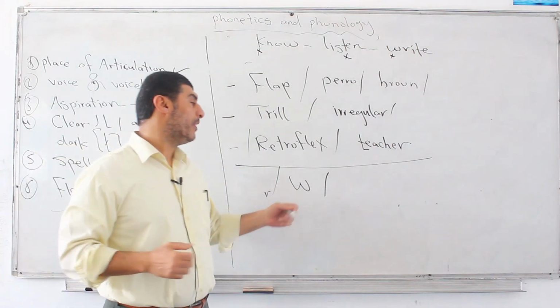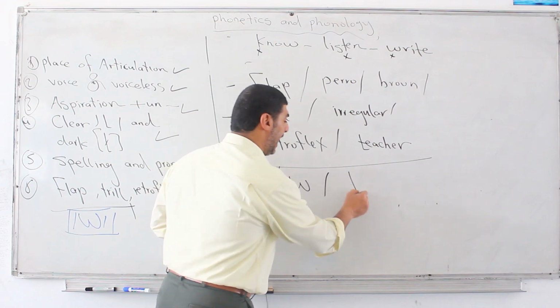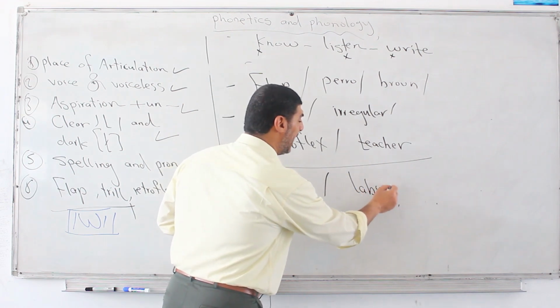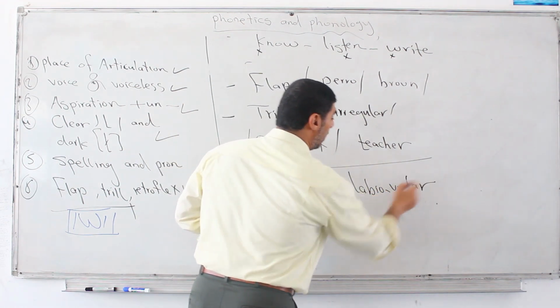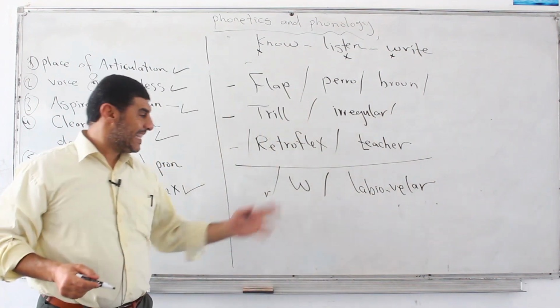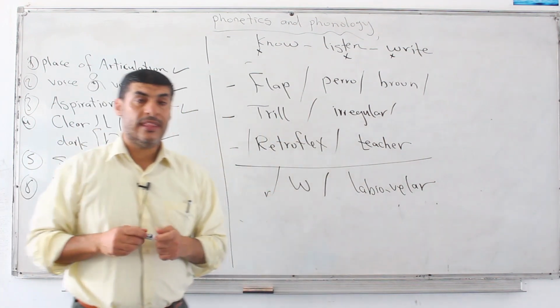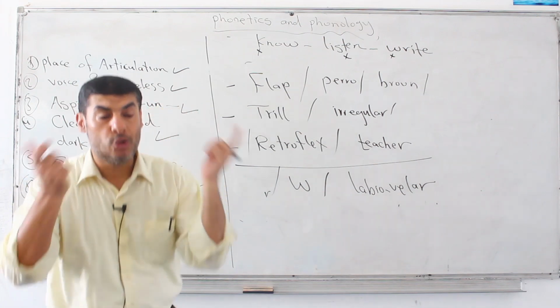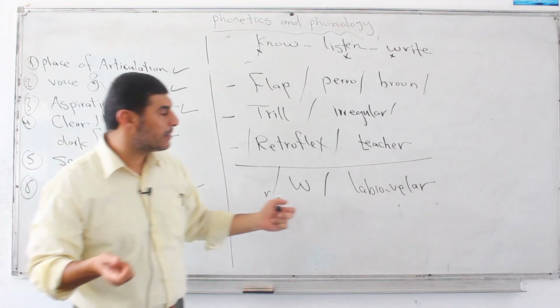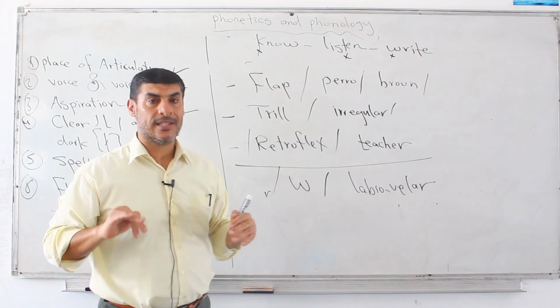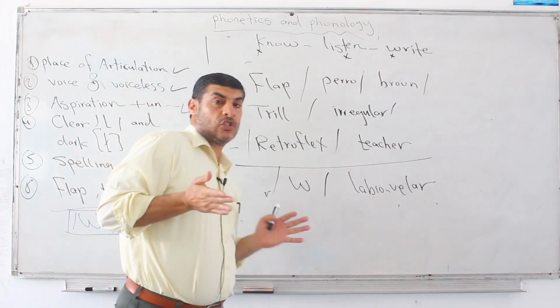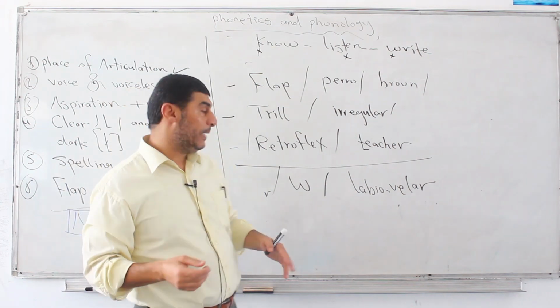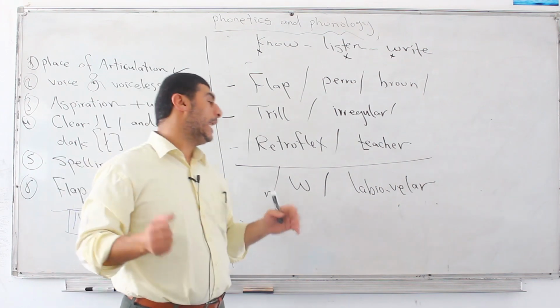That's why we call this labiovelar. A labiovelar sound, which is the w, is produced when the two lips make a slight movement, and when the back of the tongue is raised to touch the beginning of the velum or the soft palate. That's why we call it a labiovelar sound.